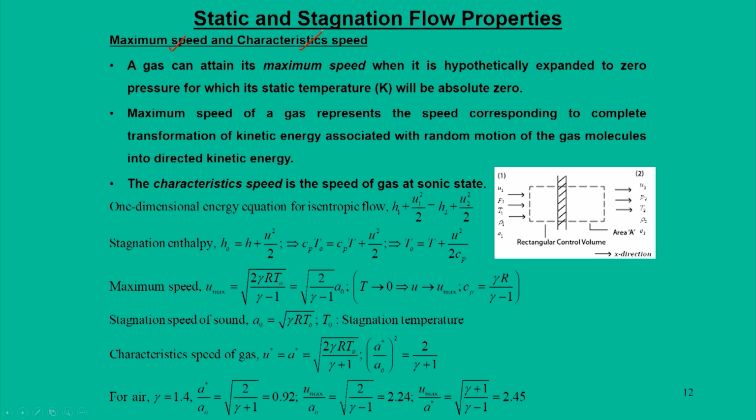Maximum speed is the speed the gas attains when it is hypothetically expanded to 0 pressure, at which the static temperature will be absolute 0. The maximum speed of the gas represents the speed corresponding to complete transformation of the kinetic energy associated with the random motion of gas molecules into directed kinetic energy.